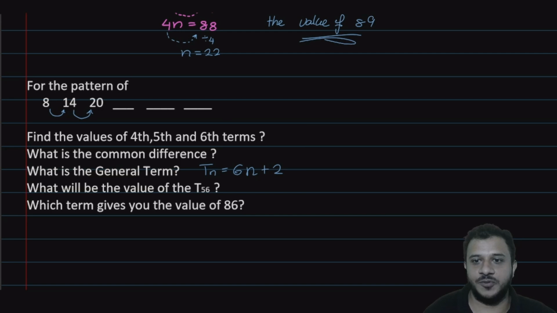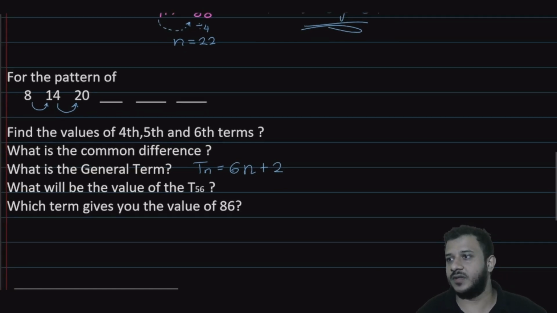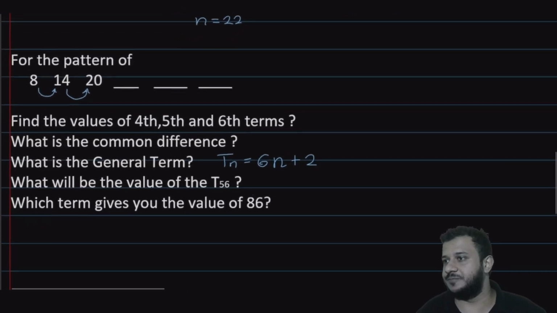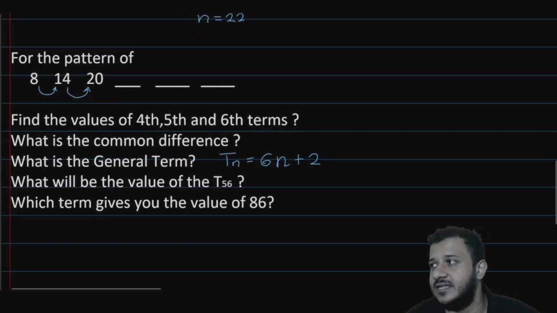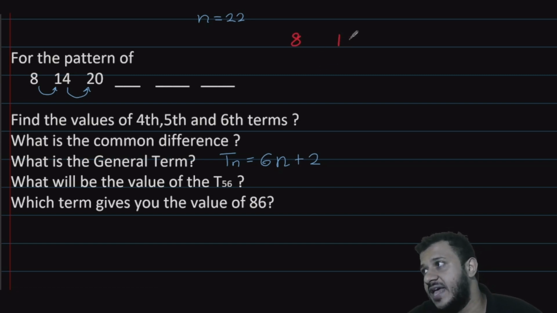So I'm waiting for your answers. Let's have a look at the answers here, in case you didn't understand. So it's the answer for the second, plus 6. Let's have a look. 8, 14 and 20, right?